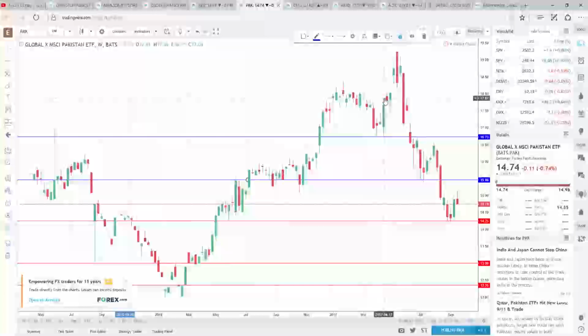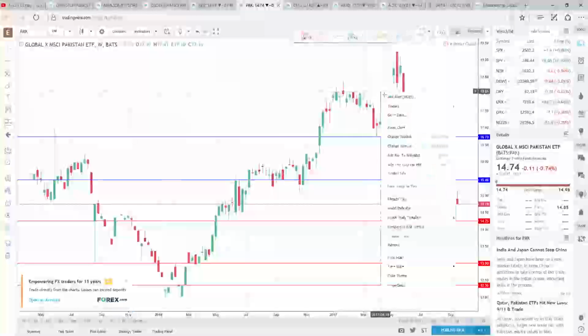And then finally, we could set our third resistance level at the, let's see, we want to find at least 3 candles or more for confirmation. This is a good level. $18.05 area.